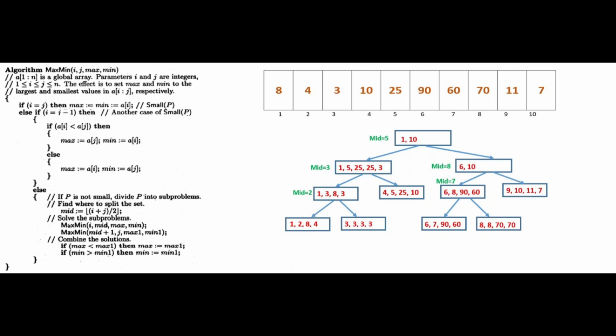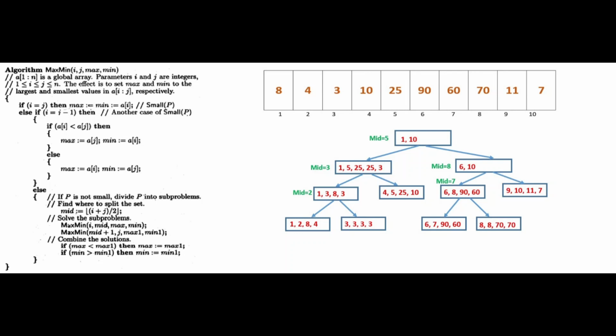The algorithm completes its execution and control returns back to its parent program. Its parent program is the algorithm with mid equal to 8, or in the tree data structure, the node with mid equal to 8.